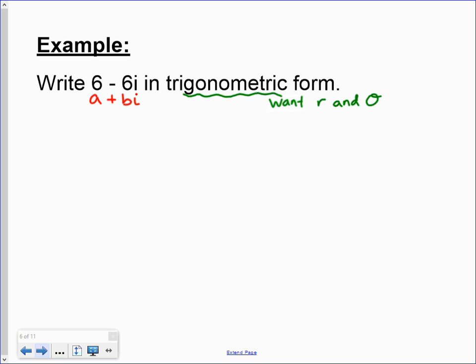How are you going to find theta? Inverse tangent, negative 6 over 6. And make sure your angle is between 0 and 360. Calculate those, check in with the people around you, see if you agree.